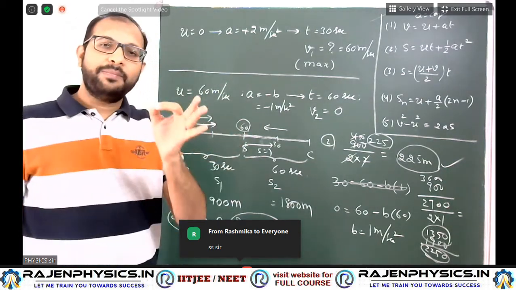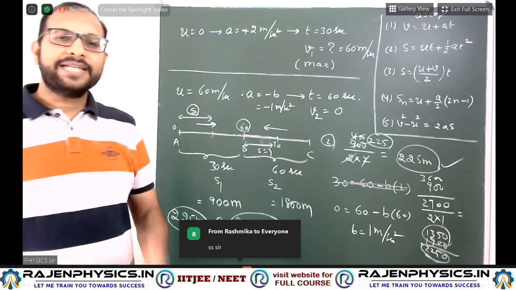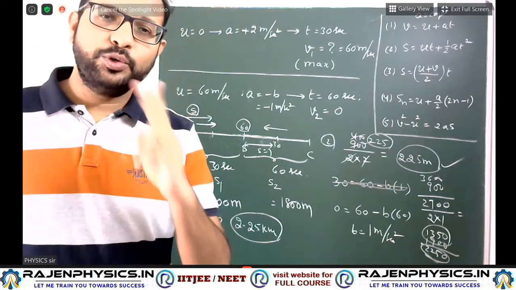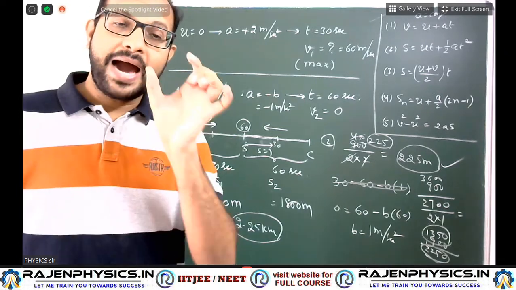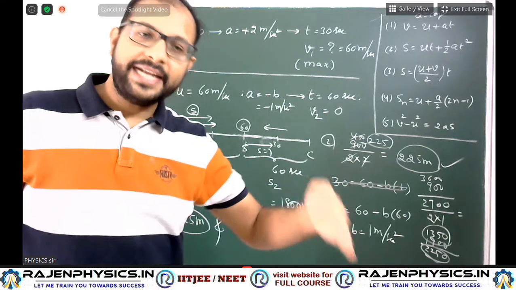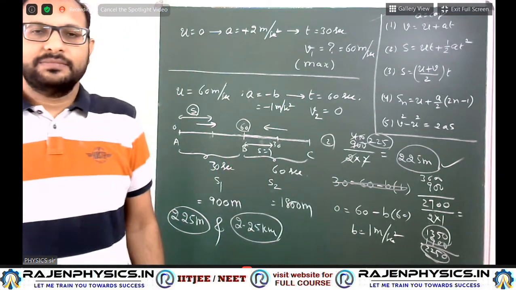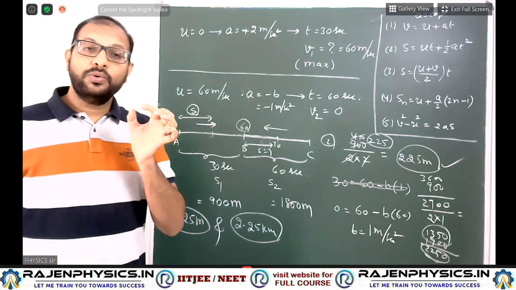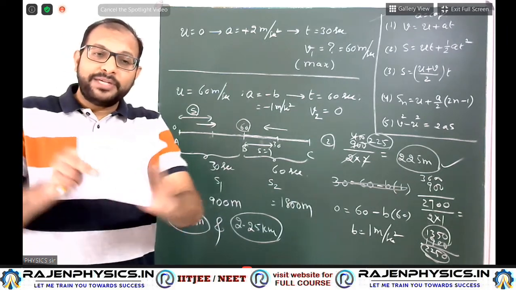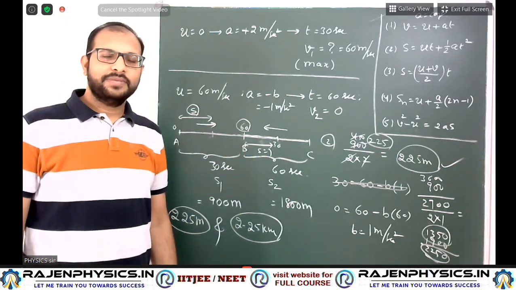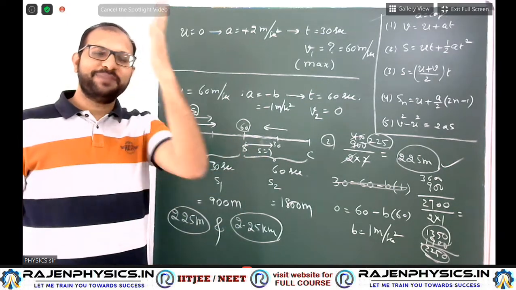Students, the third problem is actually not a single problem. It is a combination of 2 problems. Part 1 accelerated motion, part 2 decelerated motion. The students who divided this problem into 2 parts like this, part 1 and part 2, easily completed it.